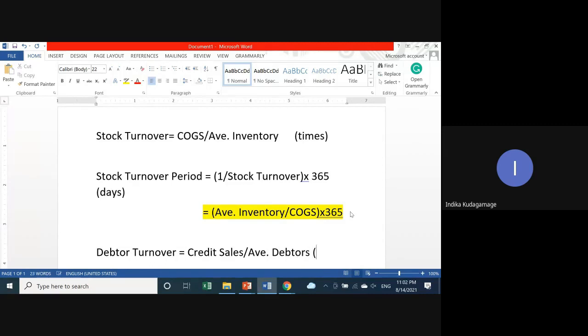This also comes in times. What does this ratio tell you? How many times per year on average you convert your debtors, that is your credit sales, into cash? How many times per year you collect your debtors? How many times? Why is it important?